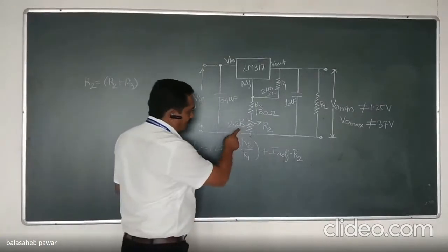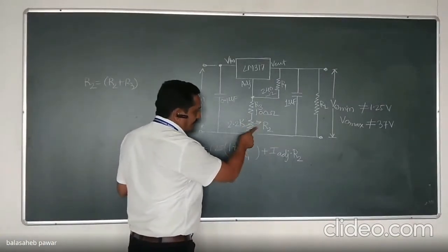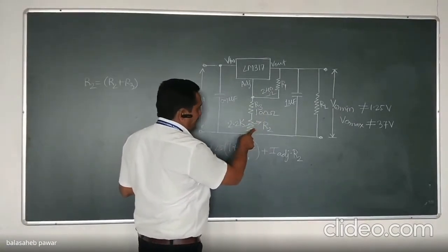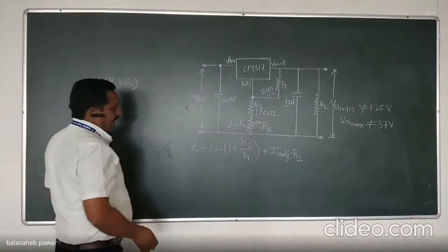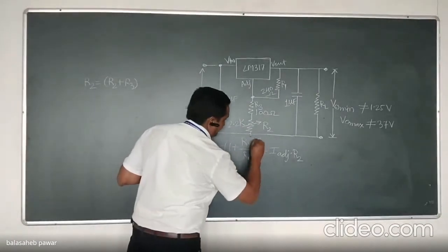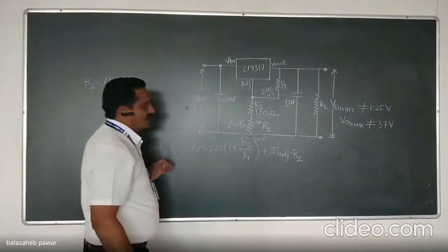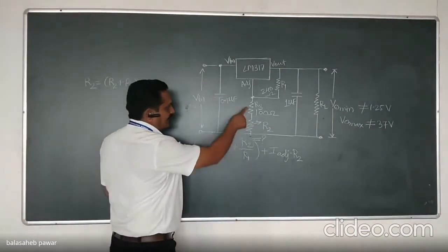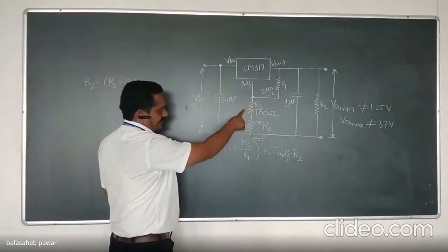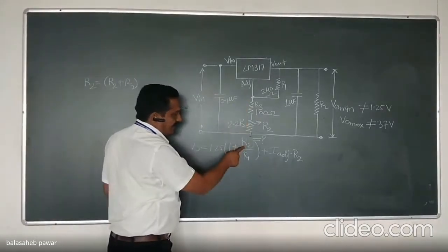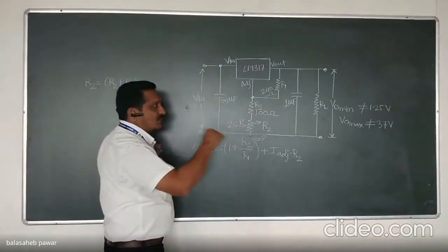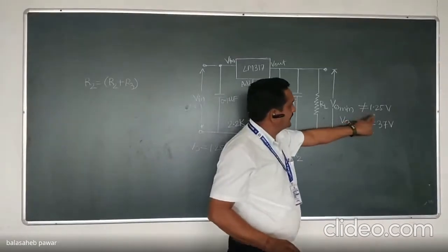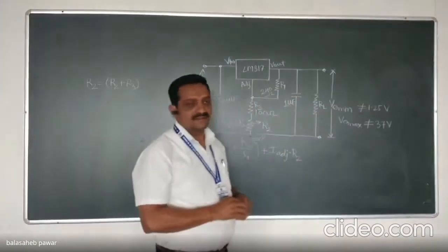In the formula, how much R2 will you take? Yes, it will be 100 ohm. Very nice. Because that 100 ohm permanently connected resistor is already there. So don't take R2 as 0 to obtain the minimum output. That's why I mentioned that output minimum will not be equal to 1.25.